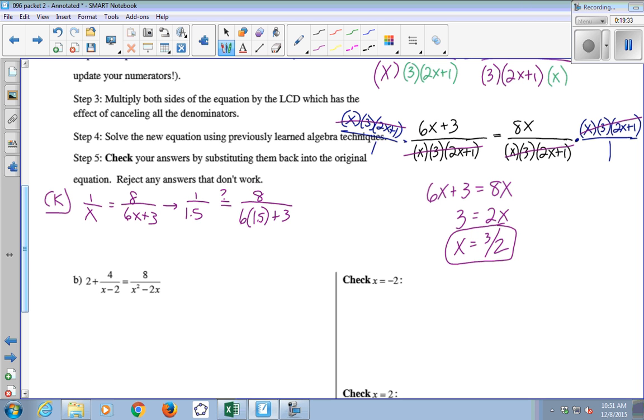So 1 over 1.5, if you type it in your calculator or you're good with doing fractions in your head, comes out to 2/3. And then 6 times 1.5 would be 9, and 9 plus 3 is 12. 8 over 12. Is 2/3 equal to 8 over 12? Yeah. So that is definitely a solution.